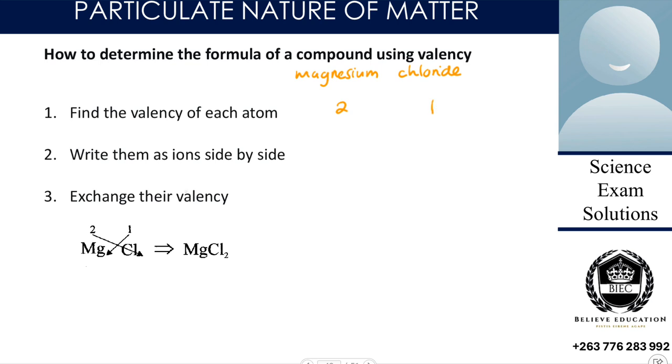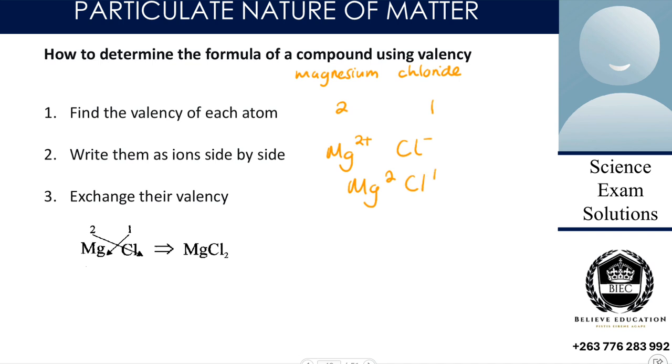Then we write them as what, as ions side by side. So we have Mg what, 2 plus, then we have Cl what, minus. Then we ignore the plus and minus, but we focus on their valences. In other words we have Mg 2 and Cl 1.